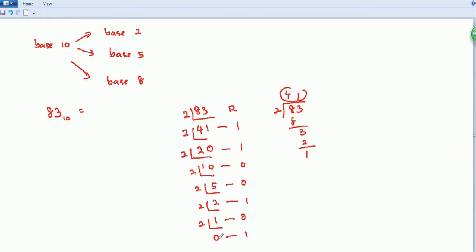Every time you see a 0 here, then you can stop. The answer is read from the bottom to the top. So the answer is 1010011 base 2. Remember, don't read the answer from the top to the bottom, but from the bottom to the top.